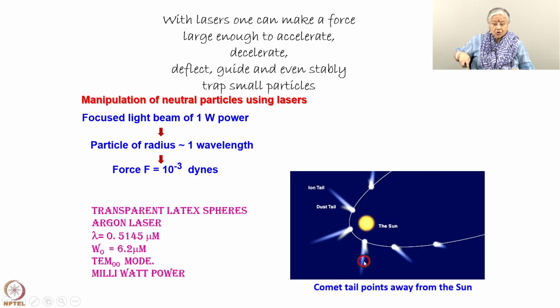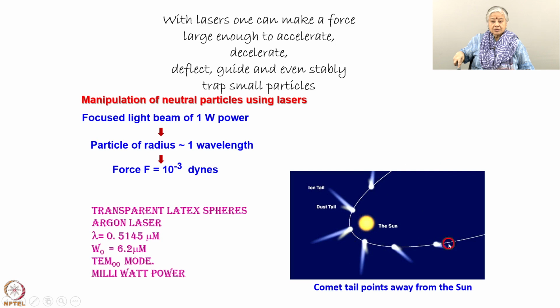And comets all have a long tail. They all come with a tail, and in fact two tails. This bluish kind of light and this white kind of light, both are tails. But this head of the comet always faces the direction of the sun.